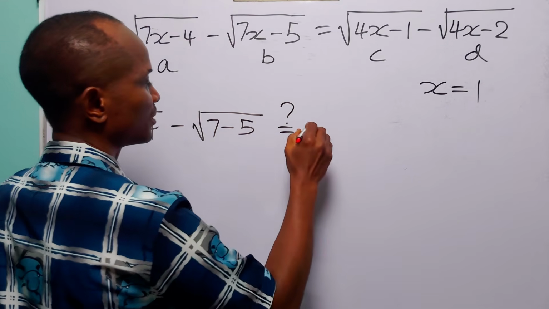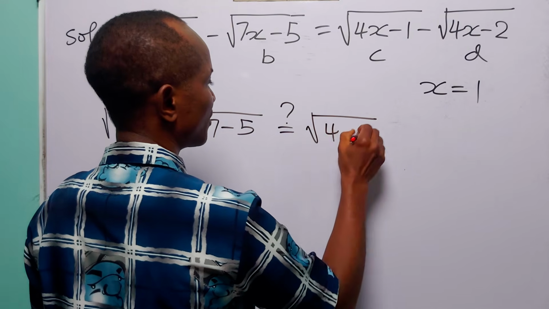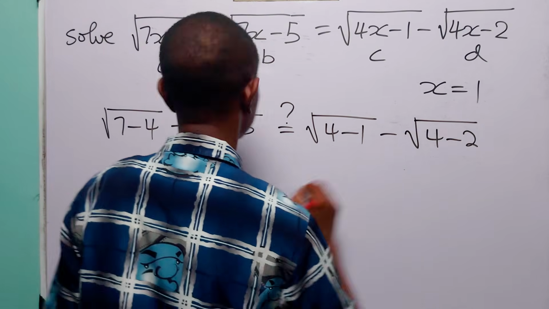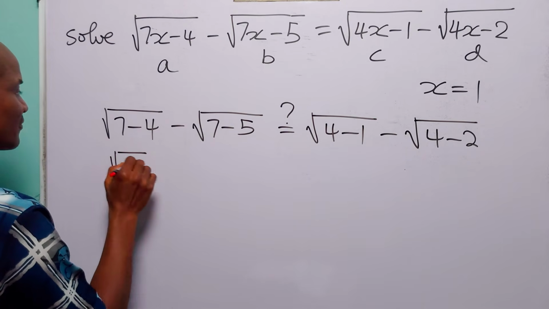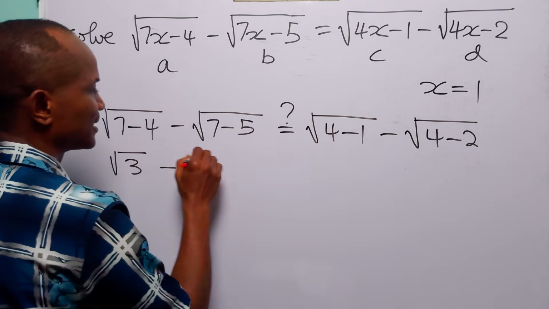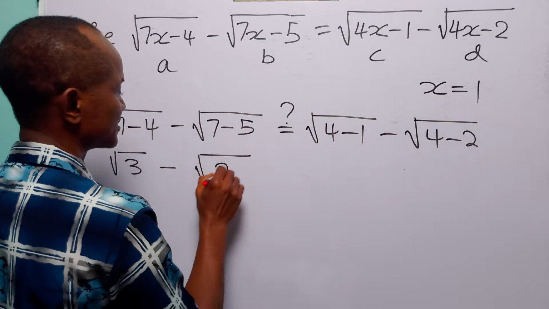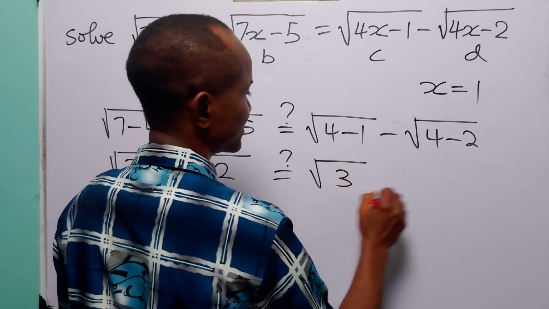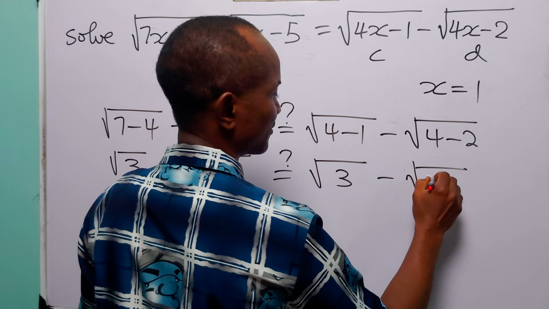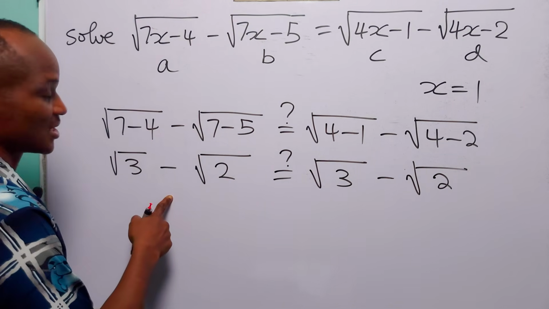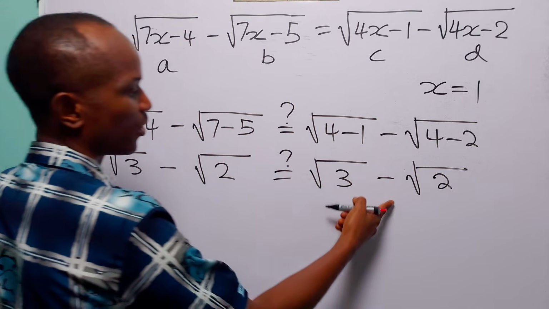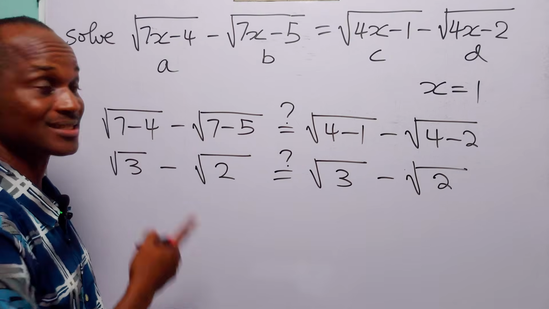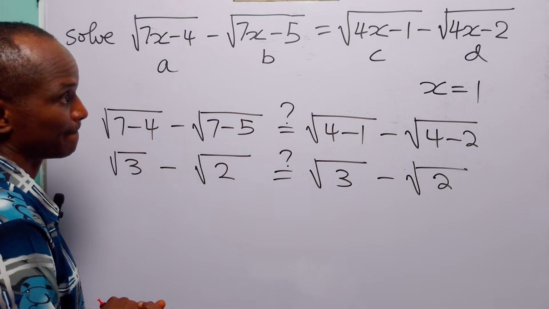Now, is this equal to root 4 minus 1 minus root 4 minus 2? 7 minus 4 is 3. 7 minus 5 is 2. 4 minus 1 is 3. And 4 minus 2 is 2. And of course, root 3 minus root 2 is equal to root 3 minus root 2. So x equal to 1 satisfies the given equation.